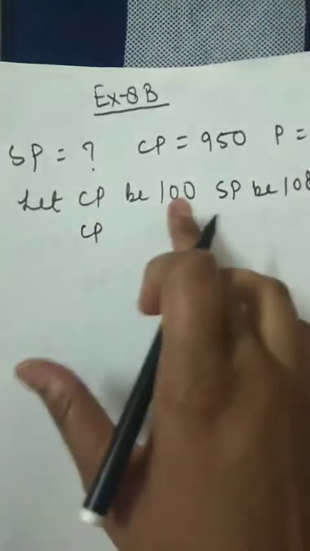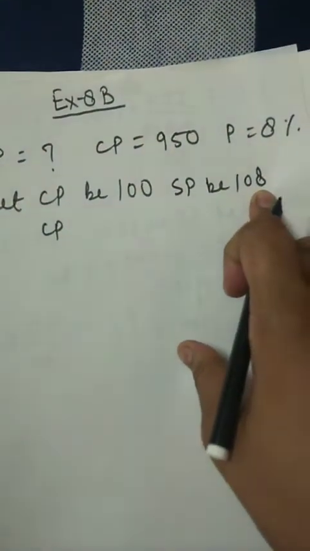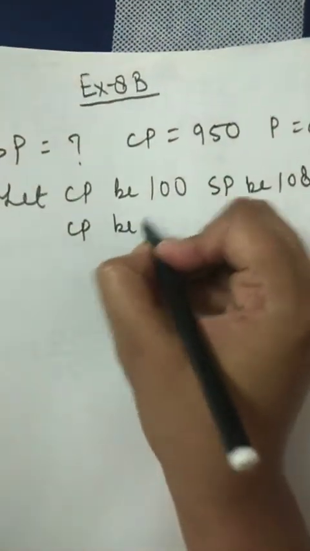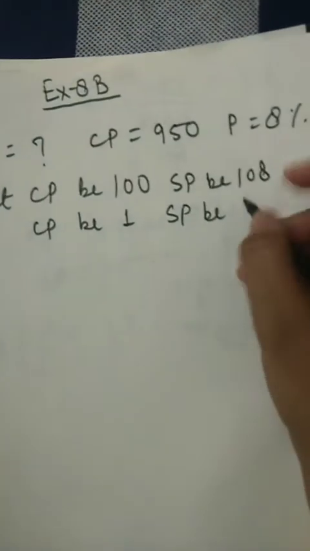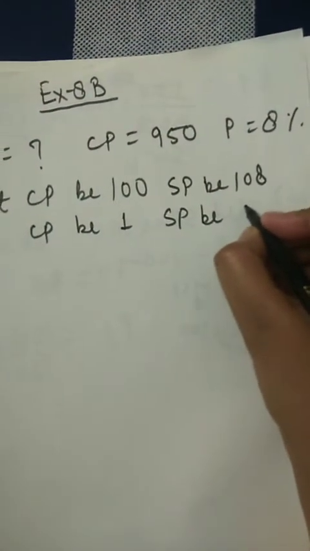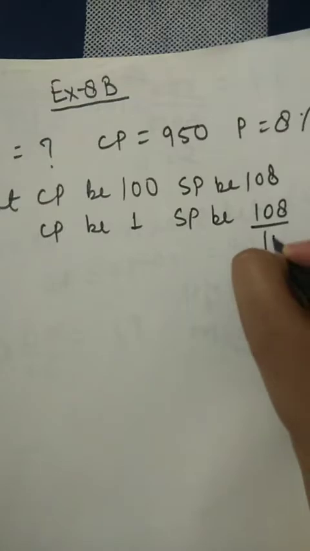When CP is 100, selling price is 108. When CP is 1, selling price is 108 upon 100.